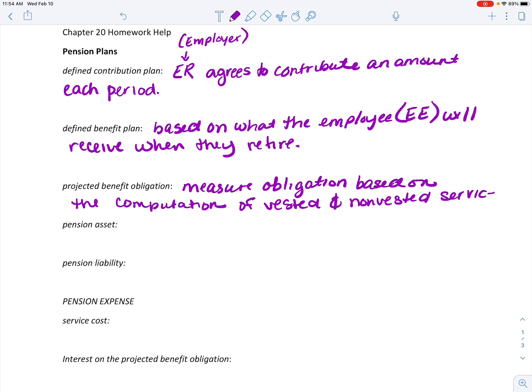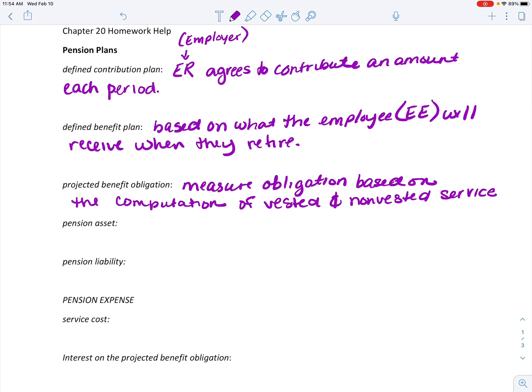And let's talk about vested versus non-vested for a second. So when you start at a company, typically you are non-vested, meaning employers don't want to contribute on your behalf if you're going to be leaving the company within a certain time frame.